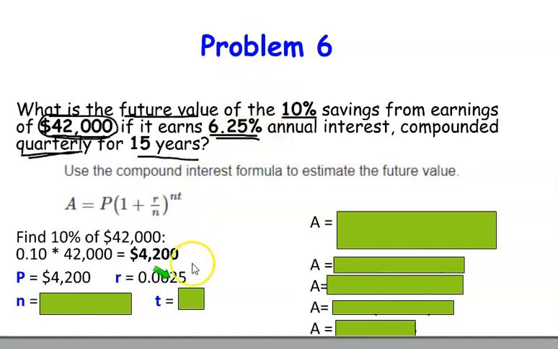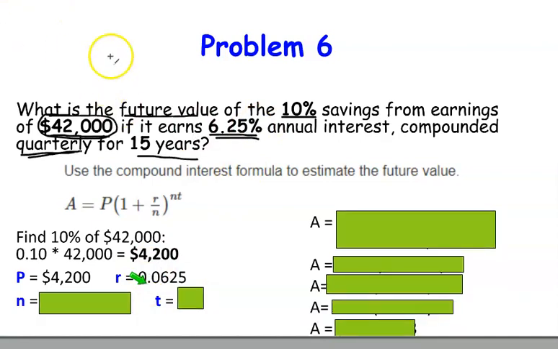We change it to a decimal. So 0.0625. And if you want to see what that looks like, let's go up here: 6.25%. Here's the percent sign. Take it off.